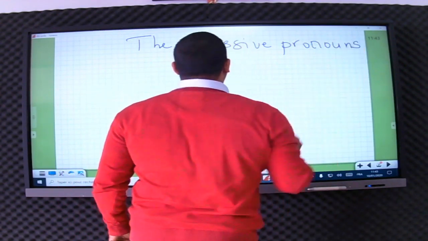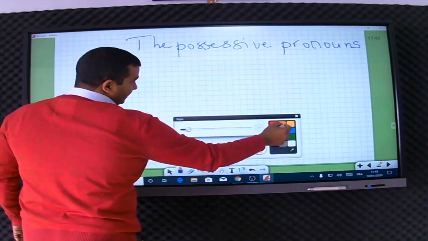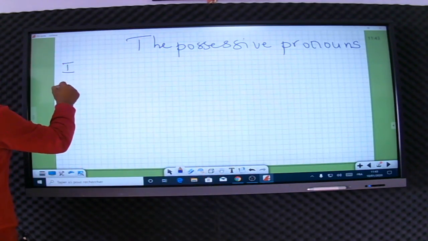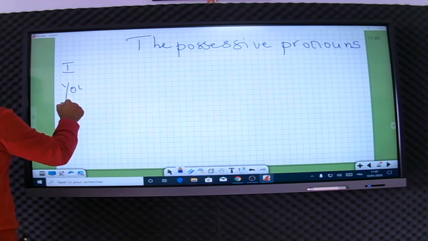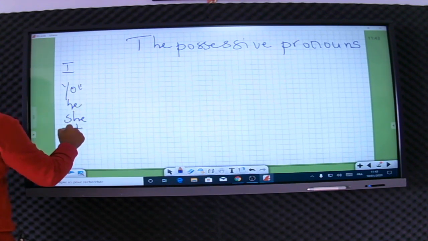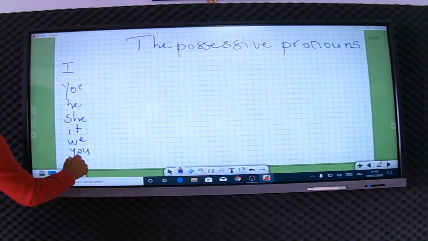The possessive pronouns. And in order to make it easy, I shall write again I, you, he, she, it, we, you, and they.